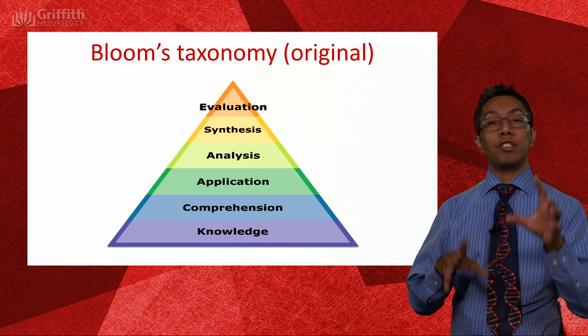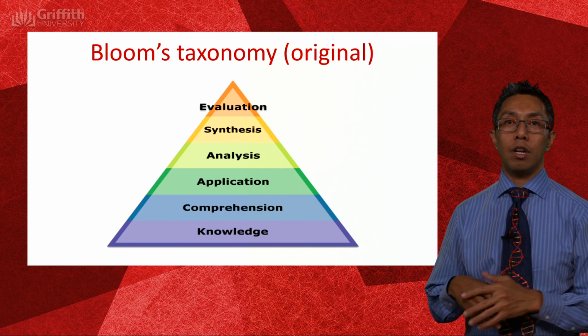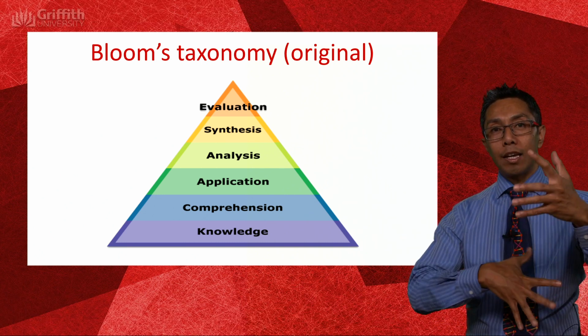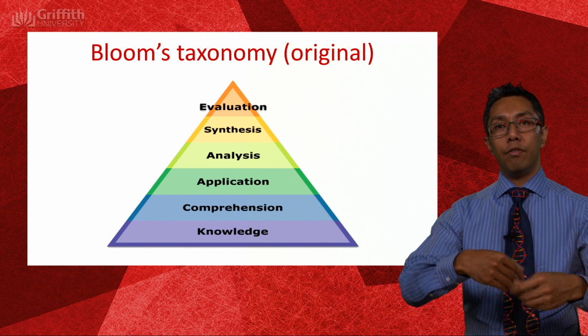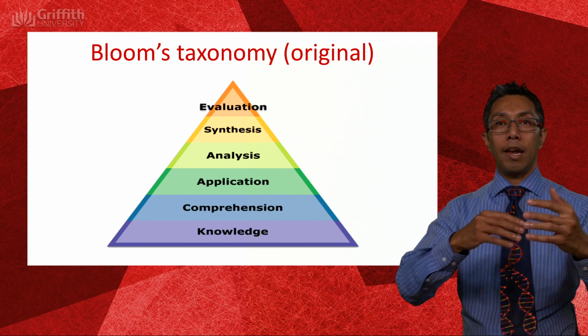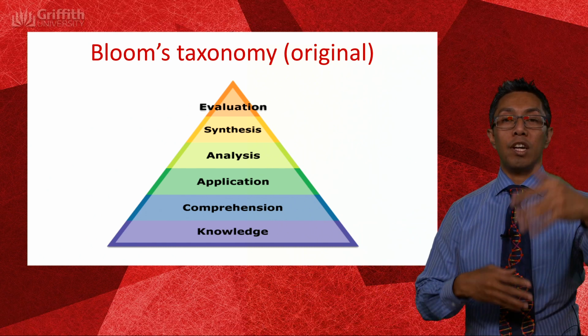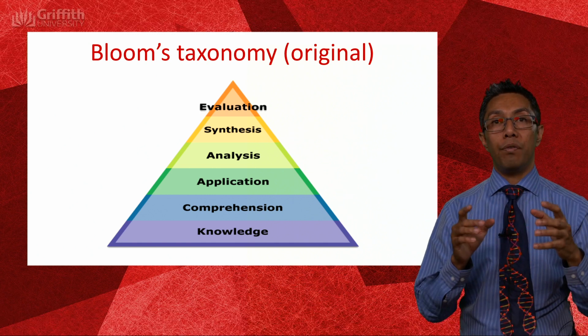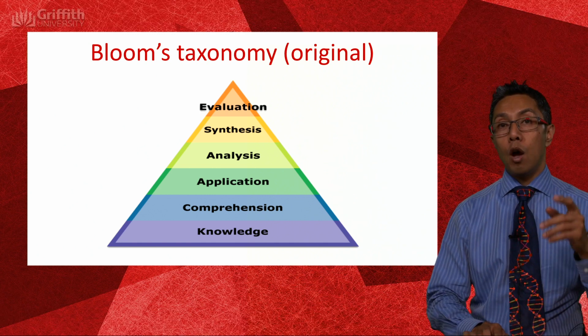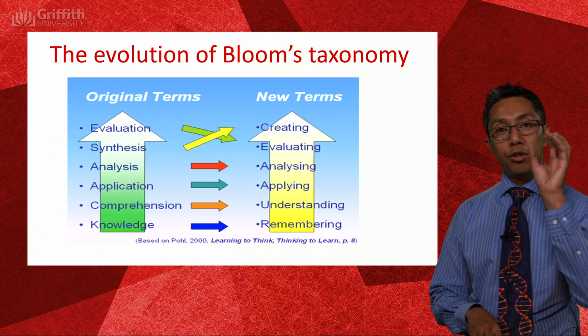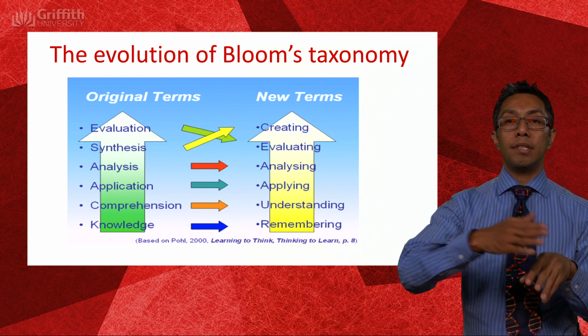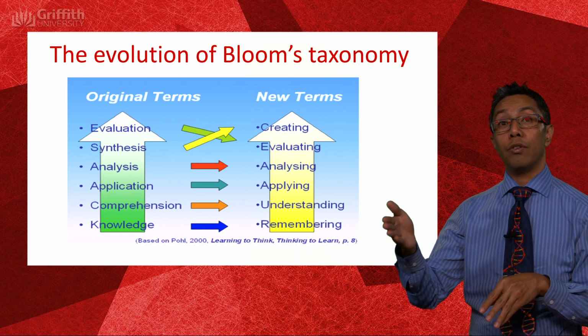Okay, right. So the original taxonomy actually looked like this. It was hierarchical in nature, with knowledge being down the bottom and comprehension all the way up to evaluation being the highest level of thinking that you can actually do. When it was updated, those noun forms of the verbs got changed into the verb form.